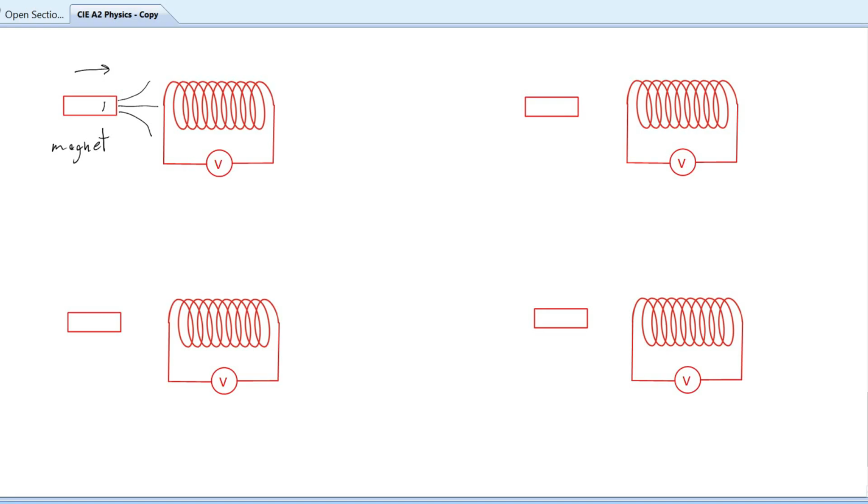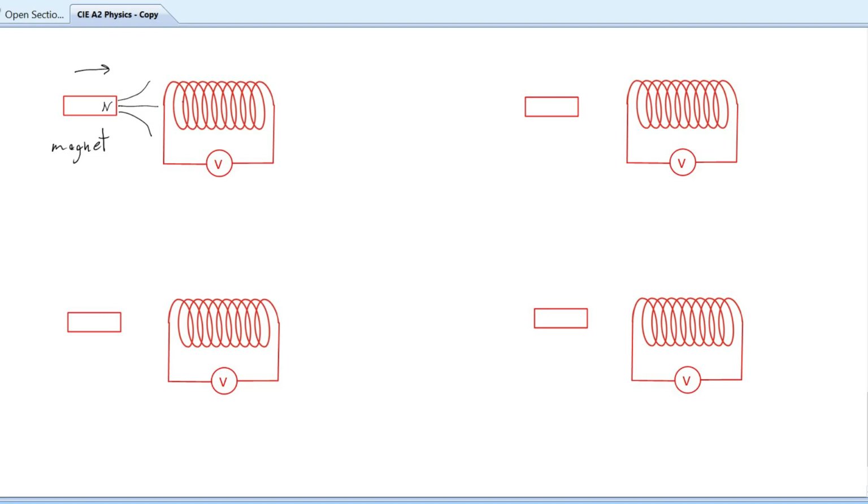For example, if you have a north pole pointing towards the coil, and you get this north pole closer and closer, you'll find that the number of lines in linkage with the coil increases. So there is a change in flux. This causes the coil to have a current flowing through it. So there is an induced current, and this induced current wants to oppose this motion.